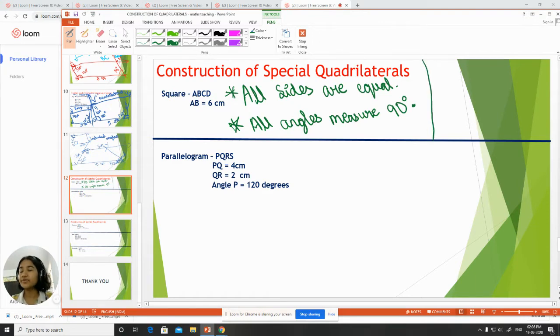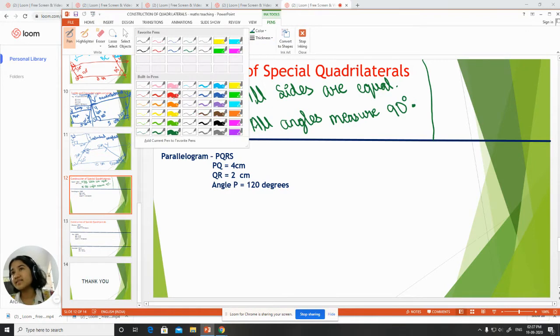I'm going to direct the construction without doing the rough figure, but it's very easy. AB is 6 centimeters. It's given only one measurement. Let me choose a different color over here.